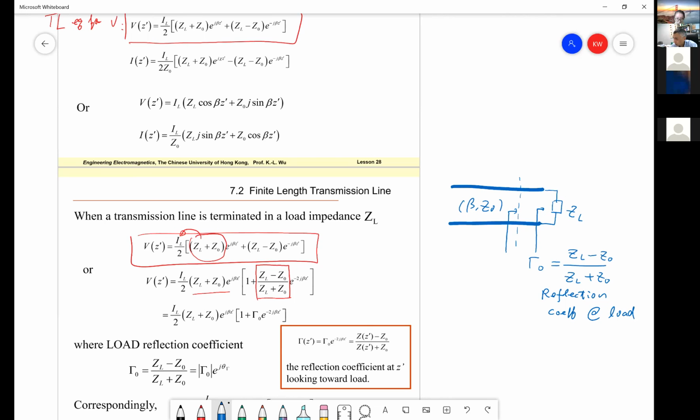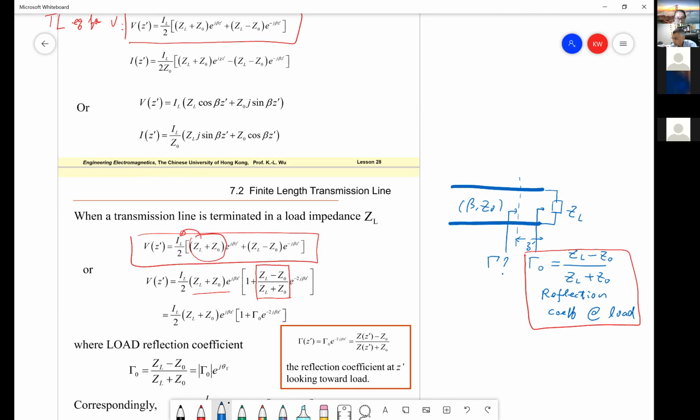So let's assume this distance is Z prime. What is this? What is this? This we already have. What is this?